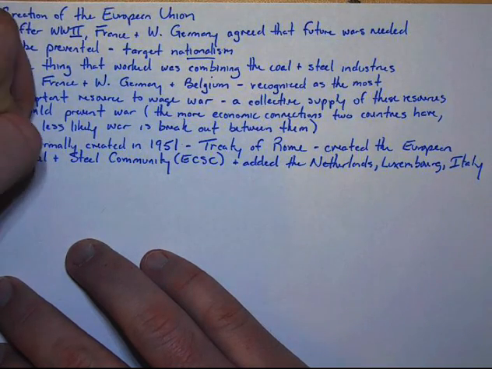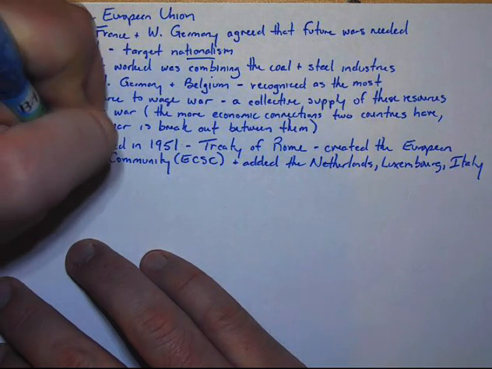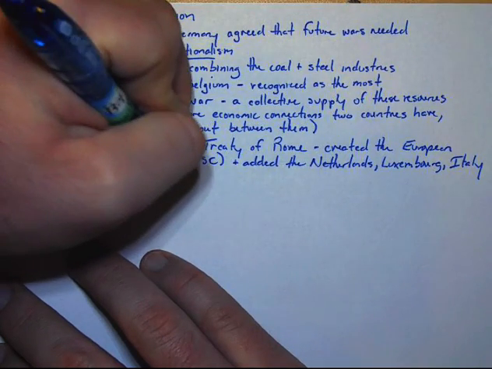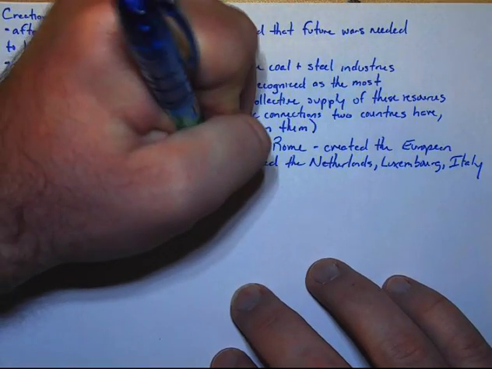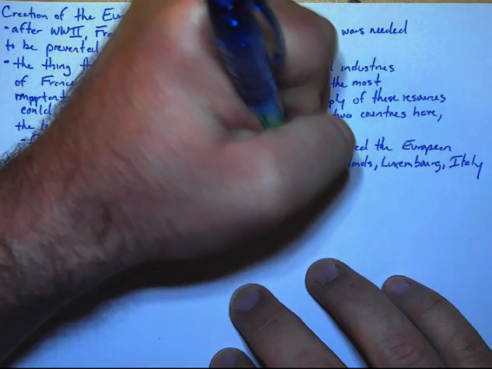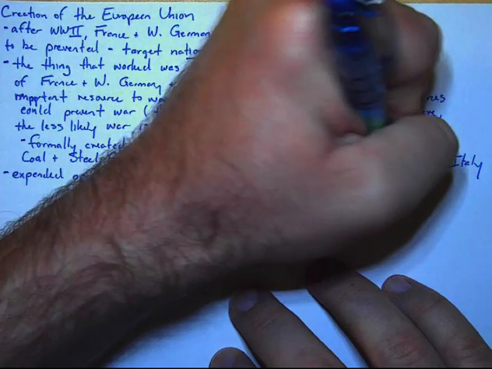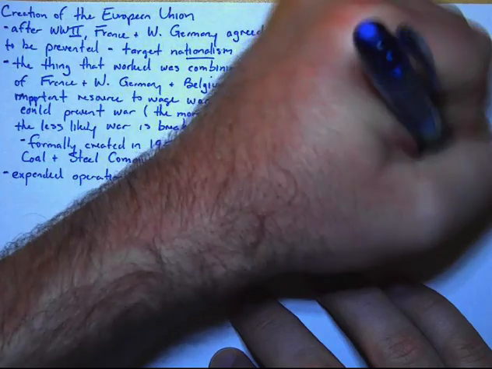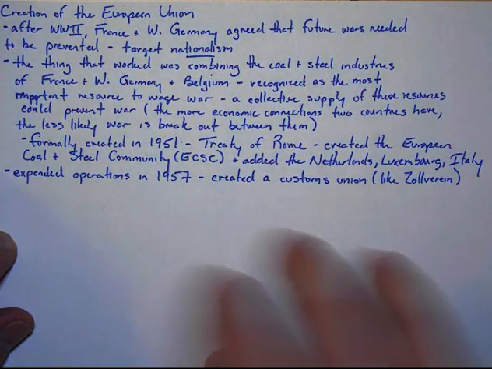They expanded their operations in 1957 as they created a customs union. We've seen a customs union before. This is like the Zollverein that unified the German states in the 1840s and the 1850s.